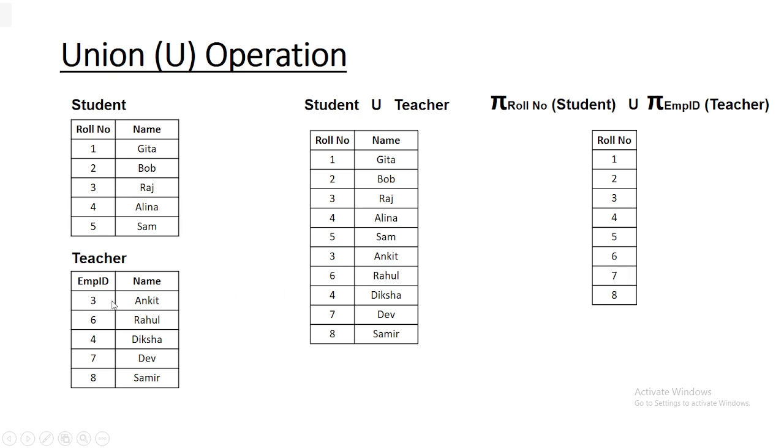Here one question comes: in both tables, in the first column there is a 3, so 3 is a duplicate, but you can see there is only a single entry of 3. The same thing happens with 4, there is a single entry of 4. Why does this happen? Because the union operation eliminates duplicate entries. So it gives you only distinct values of the specified column.